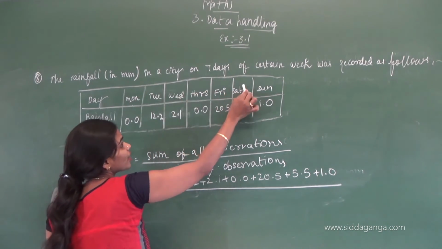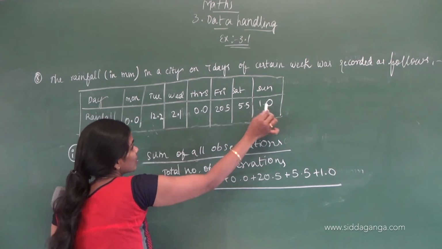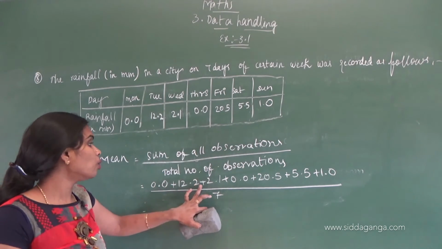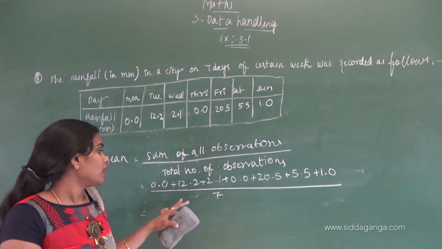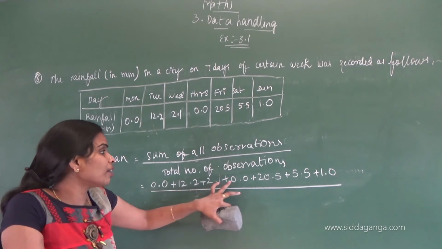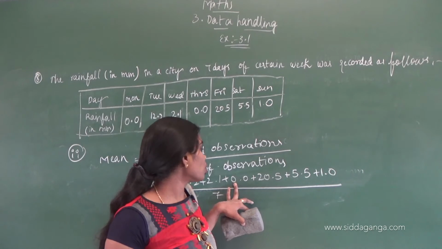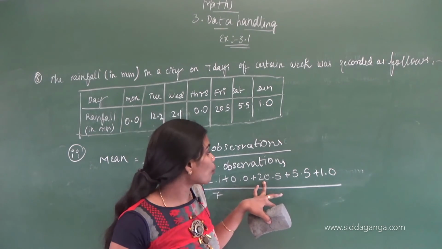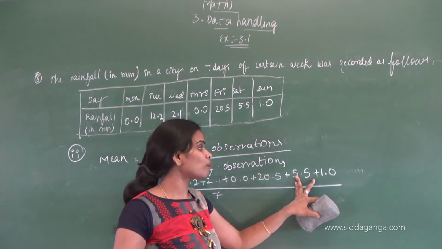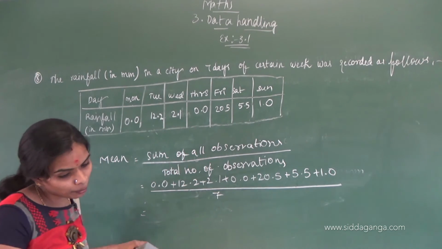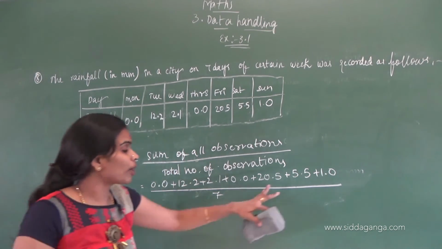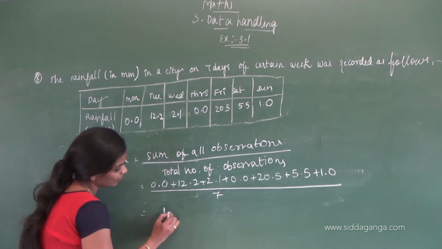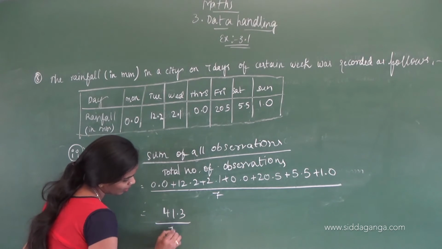Monday, Tuesday, Wednesday, Thursday, Friday, Saturday, Sunday. 1, 2, 3, 4, 5, 6, 7. 7 observations. 0.0 plus 12.2, 12.2 plus 2.1, 14.3, 14.3 plus 0.0, 14.3, 14.3 plus 20.5, 34.8, 34.8 plus 5.5 plus 1.0, 41.3 by 7.